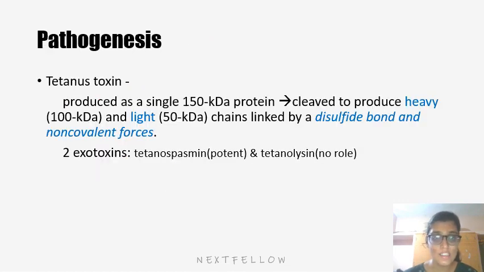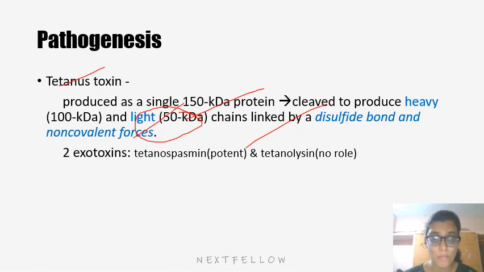The pathogenesis: tetanus toxin is produced as a single 150 kilodalton protein. It is cleaved to produce a heavy and light chain linked by a disulfide bond and non-covalent forces. So it will produce two toxins. One is tetanospasmin, which is more potent, and a tetanolysin, which has no role in the pathogenesis of tetanus disease.